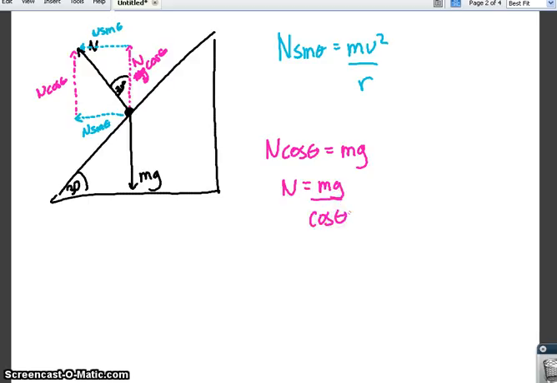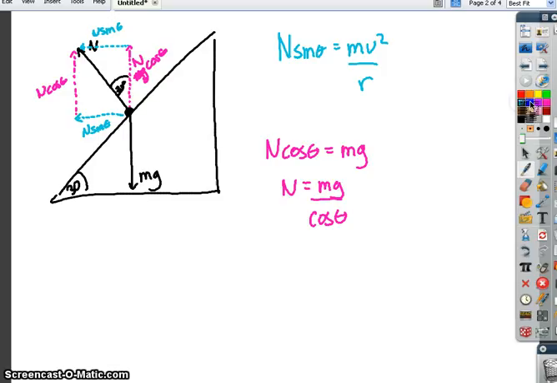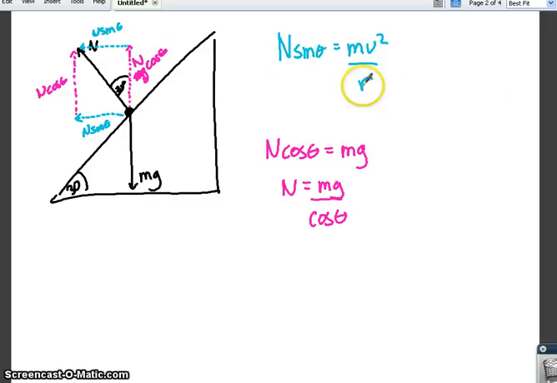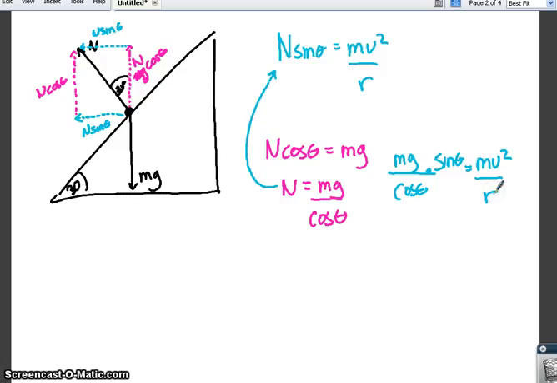Why do I do that? Because if n equals this, and n sine theta equals mv squared over r, I'm going to plug n in there. So mg over cosine theta times sine theta equals mv squared over r.